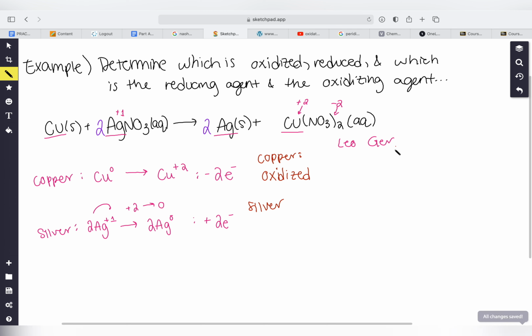And then we can see here that silver, so we see that gain of electrons is reduction. We are gaining electrons, so silver is reduced. And we also know that when something is oxidized, it is the reducing agent.